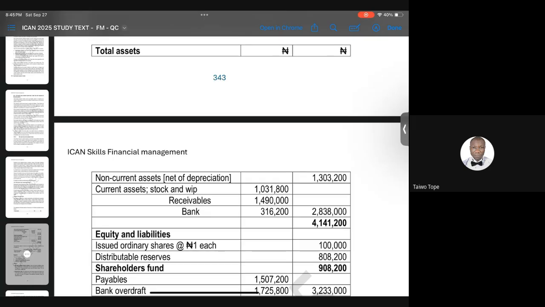One thing as we go ahead and look at business valuation, as we move to things like earnings per share: you don't consider preference share holdings, because the preference shareholders are not the real owners of the business. What you consider is just the ordinary share value and the retained earnings.